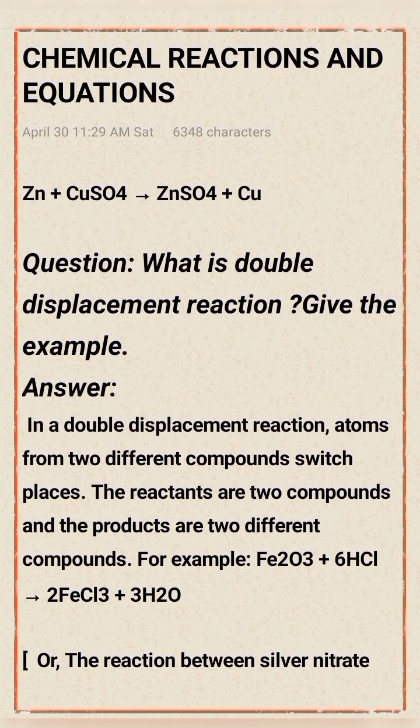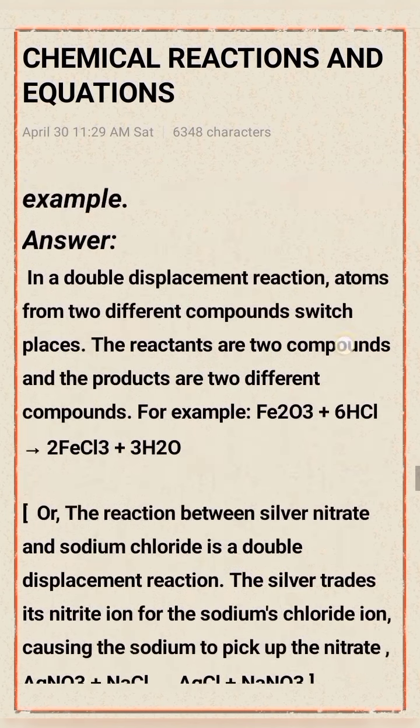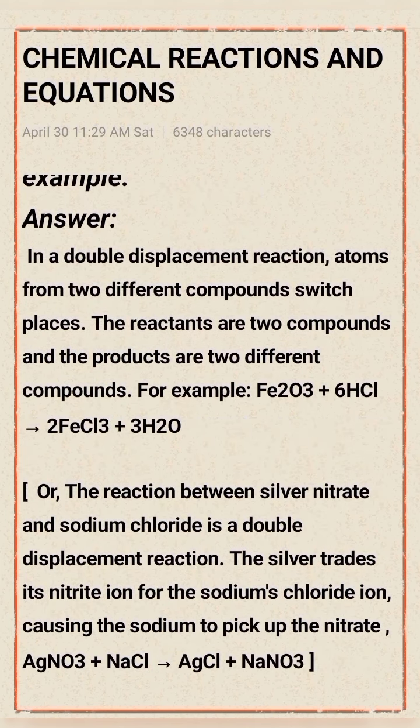For example, Fe2O3 plus 6HCl form 2FeCl3 ferric chloride plus 3H2O water. Or, to explain differently, the reaction between silver nitrate and sodium chloride is a double displacement reaction.